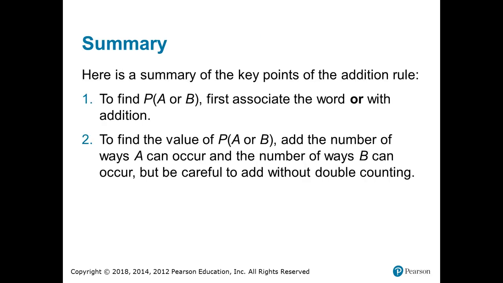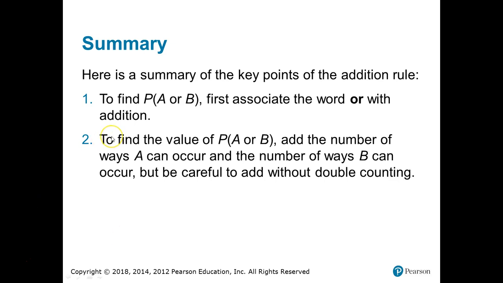So here is a summary of the key points of the addition rule. Number 1, to find the probability of event A or B, just make sure you associate the word or with the addition rule. When you see the word or, that immediately should scream addition rule. And then when you find later in the section, when we talk about and, it'll be multiplication.